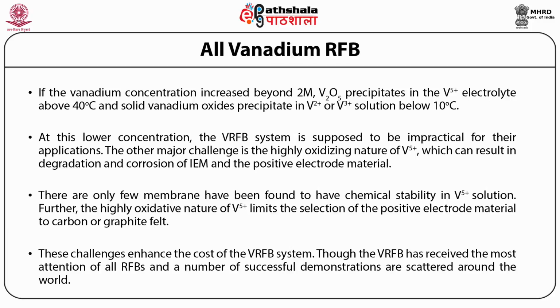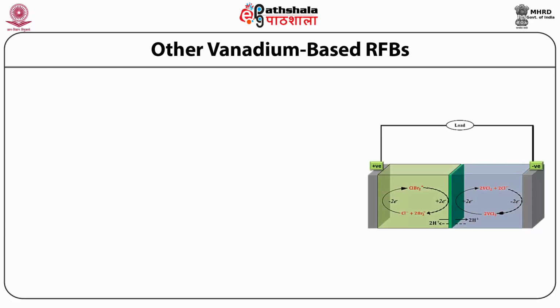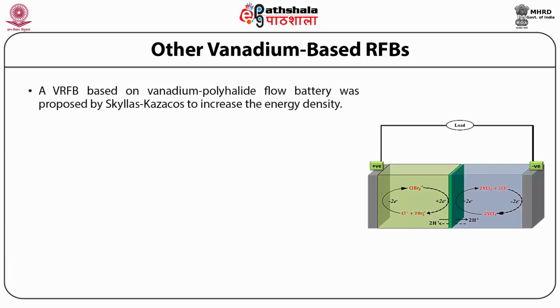Though the VRFB has received the most attention of all RFBs, and a number of successful demonstrations are scattered around the world, there are other vanadium based RFBs. A vanadium polyhalide flow battery was proposed by Skyllas-Kazacos to increase the energy density.